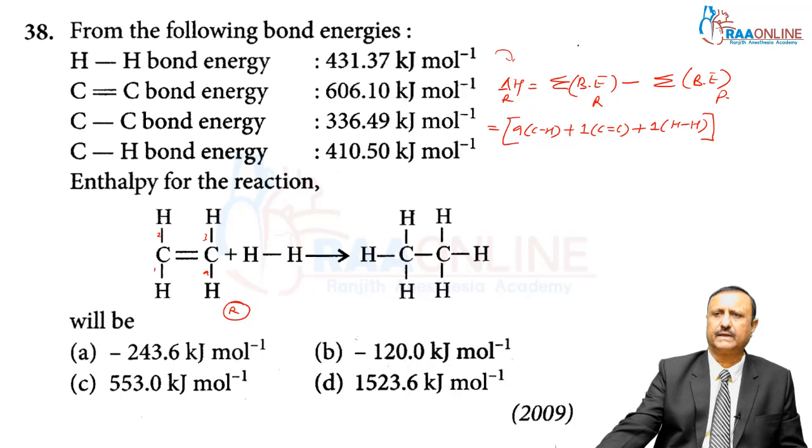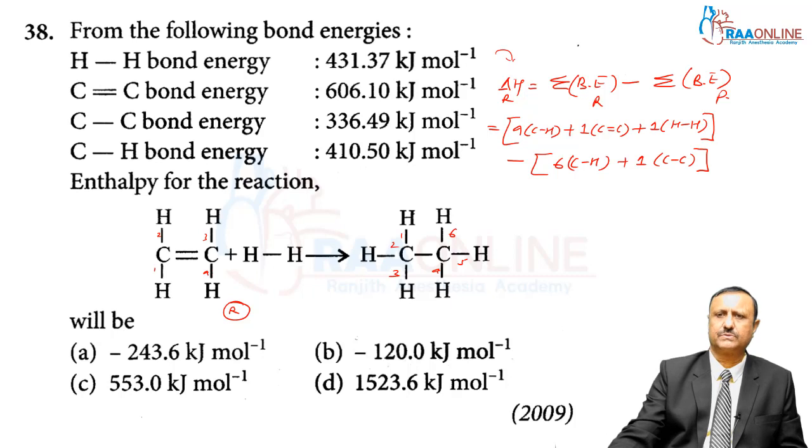Now, we subtract the bond energy of products, minus the summation of products, and in the product 1, 2, 3, 4, 5, 6, here 6 CH bonds are present and plus 1 CC bond is present. Now, my dear students, you can put the values which are given in your numericals and get the answer.